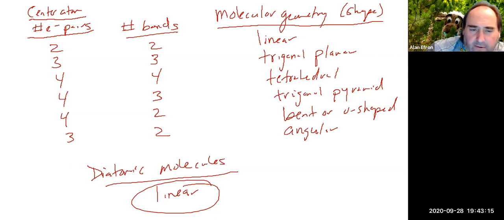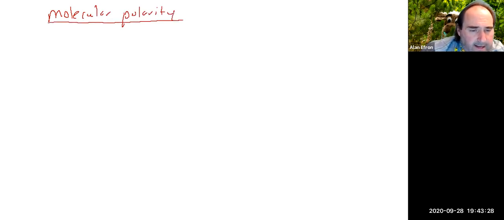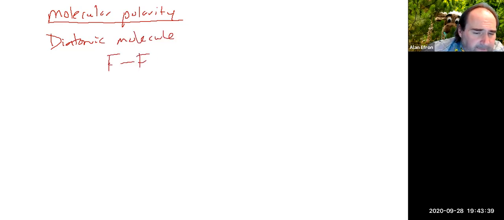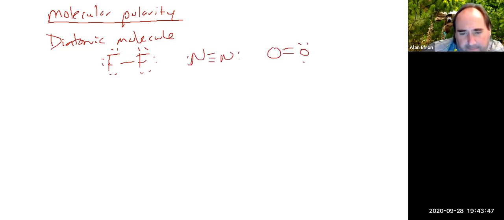And the last part of that question, I think, had to do with polarity and molecular polarity. So when we talk about molecular polarity, if we have a diatomic molecule, it's pretty easy because they only have 1 bond. So if you have F2, N2, O2, whatever it may be, all 3 of these have only 1 bond total in the entire molecule.